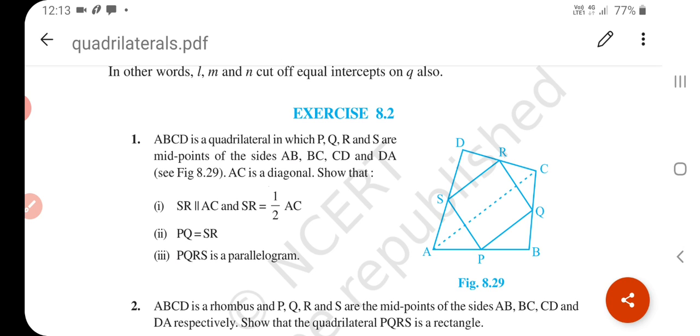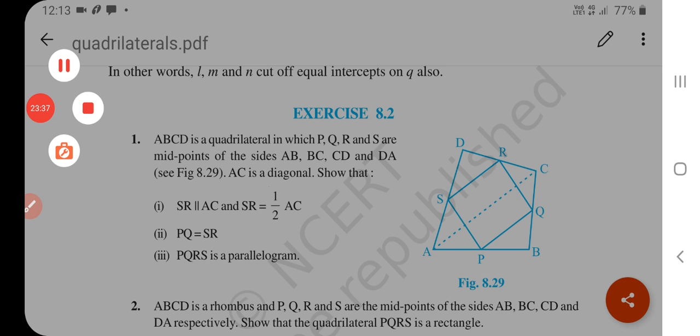And the third part you have to prove: because PQ is parallel to SR, and from equation 5 we have seen that PQ is equal to SR. Since a pair of opposite sides of quadrilateral PQRS is equal and parallel, PQRS is a parallelogram. Okay, this is how you have to complete the questions in 8.2. Okay, have a good day.